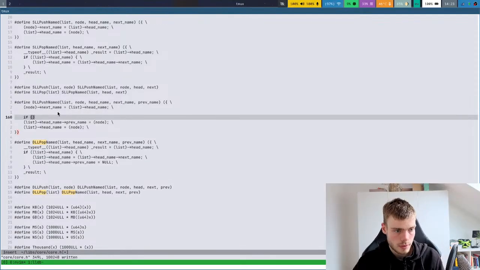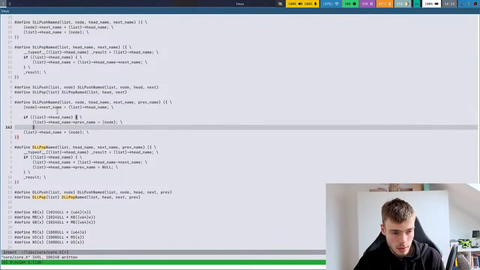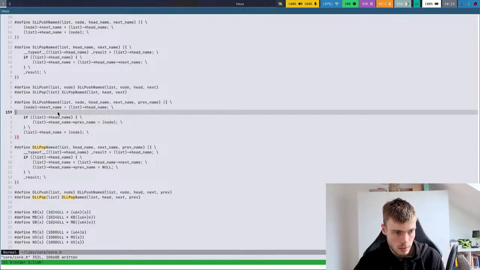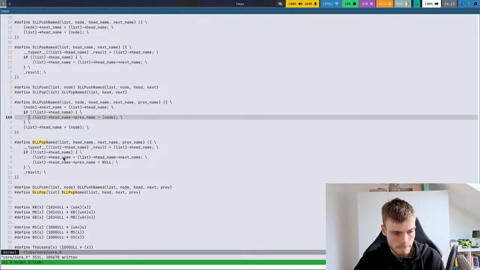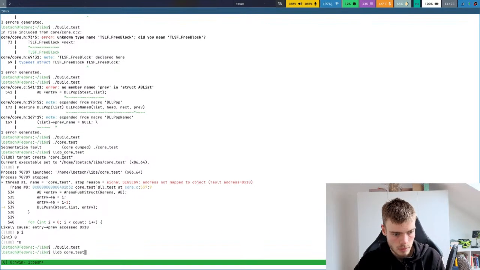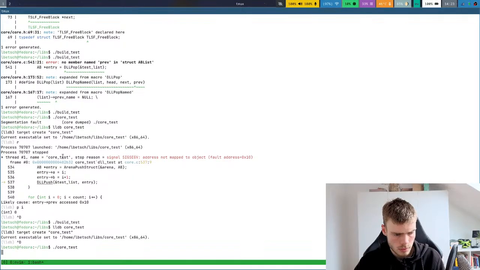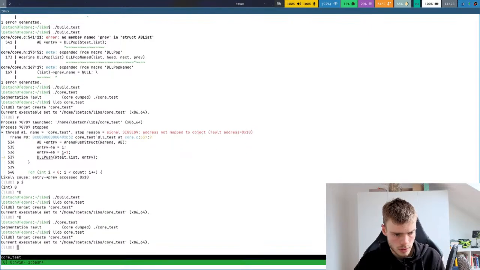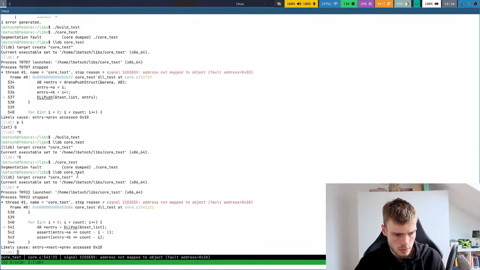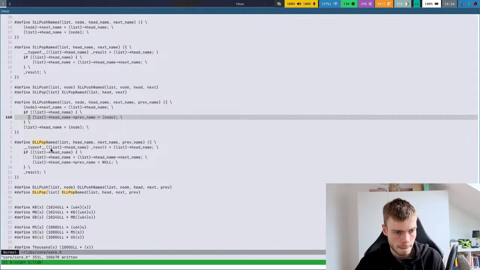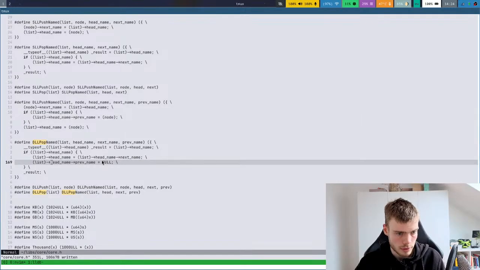So if list head name, think, still. And now it's in DLL pop. Entry next prev, entry next prev.